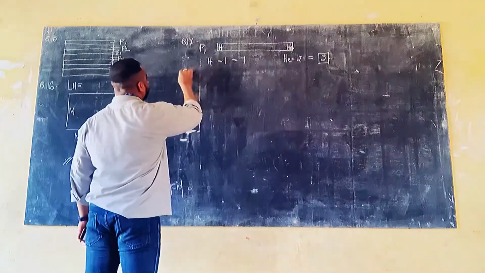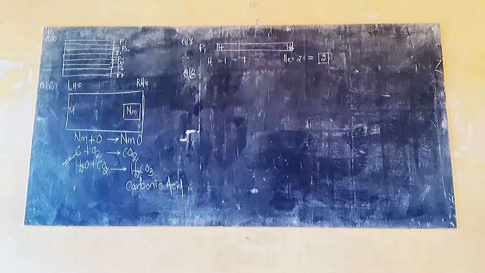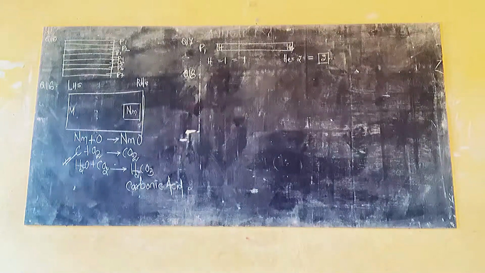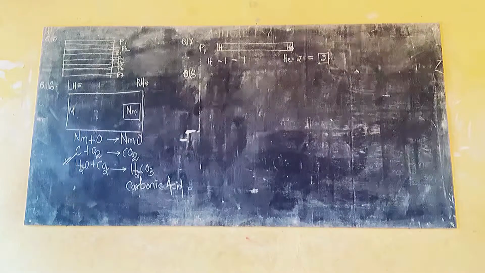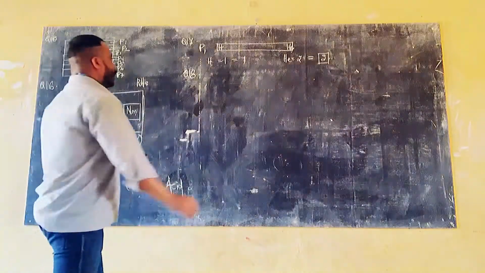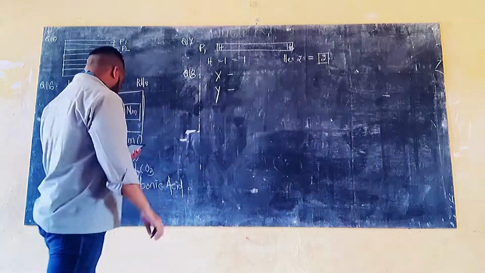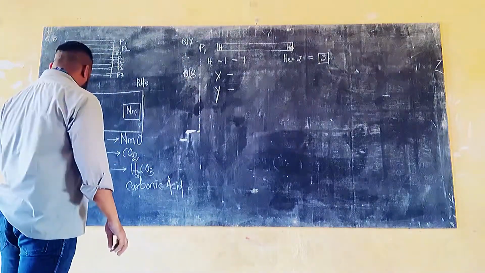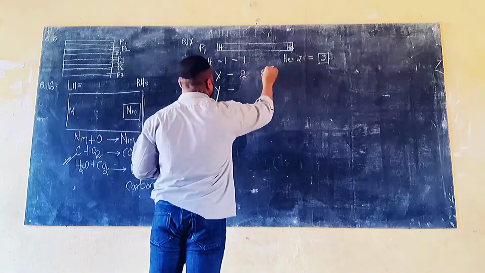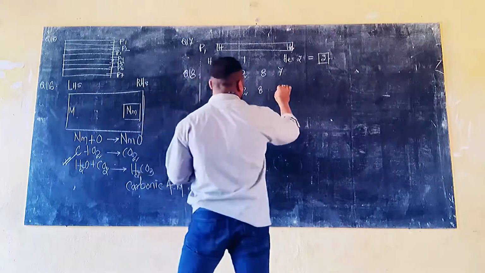Then question number 18. The electronic configuration of 2 elements X and Y: you have 2 elements, one is X and the other one is Y. Electronic configuration of X is 2, 8, 7 and Y is 2, 8, 8, 3.